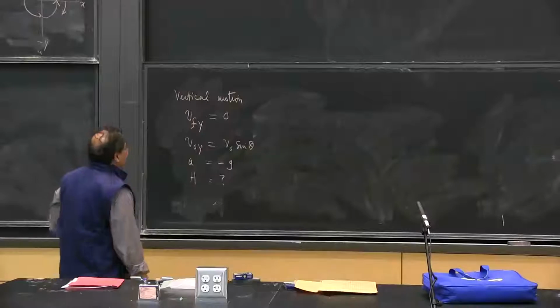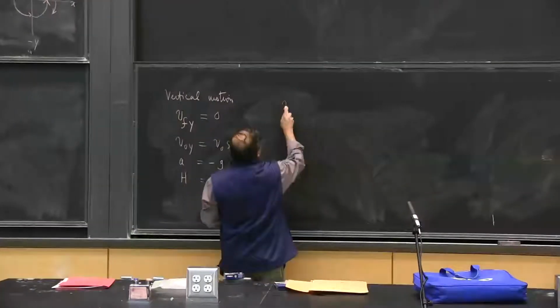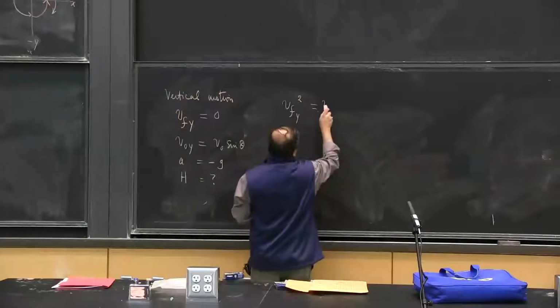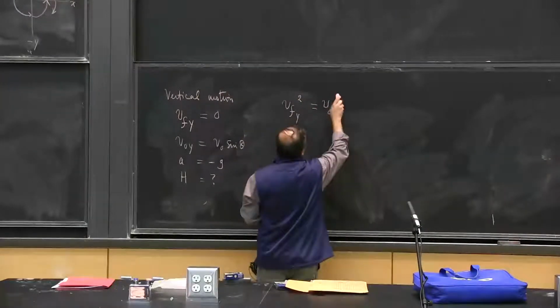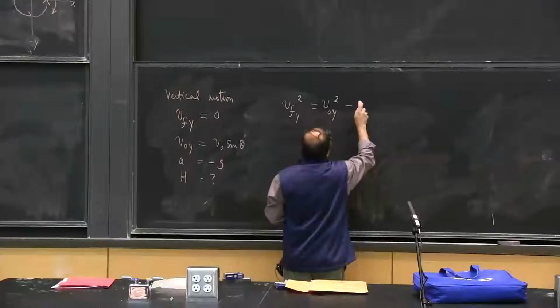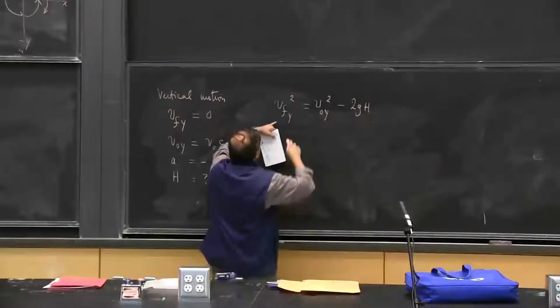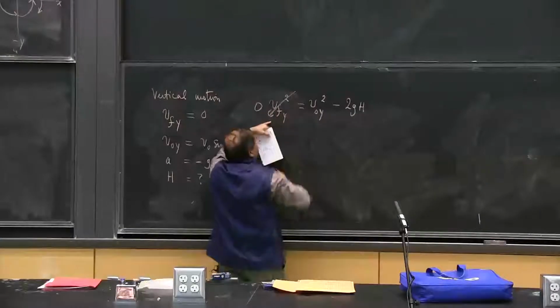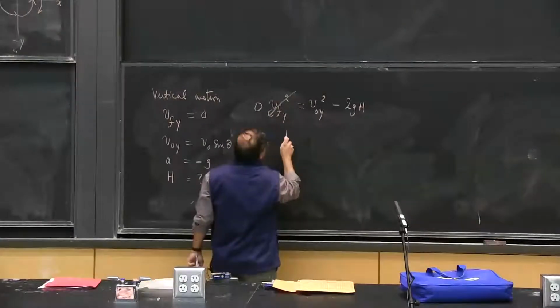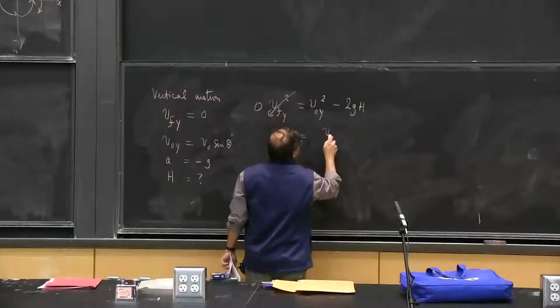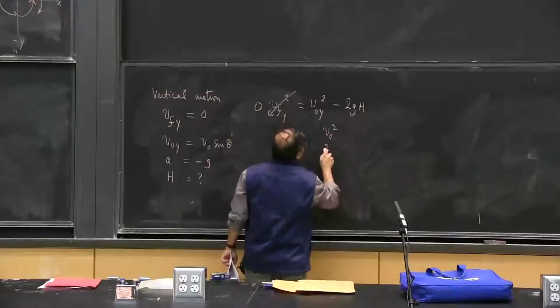Since we don't have time, we don't need to get time. We can immediately see that v final y squared is v0y squared, which is given, plus 0 minus 2g times h. So this term is 0 because it has to stop, which means that h must be, if I take it to the other side and get rid of the minus signs, v0y squared over 2g.